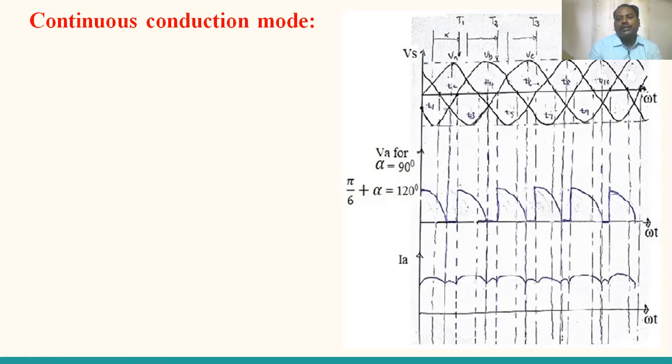After drawing the neat source waveform, you can draw the average output voltage and current waveforms for any firing angle. For example, I am taking alpha equal to 90 degrees.